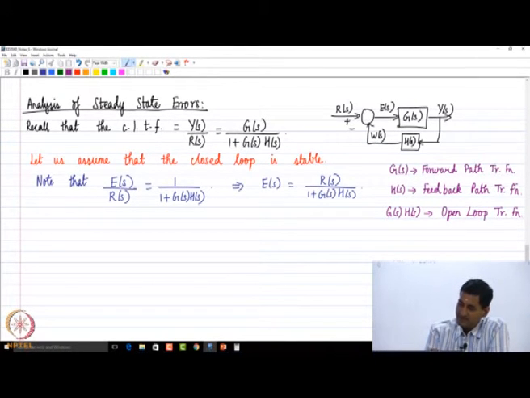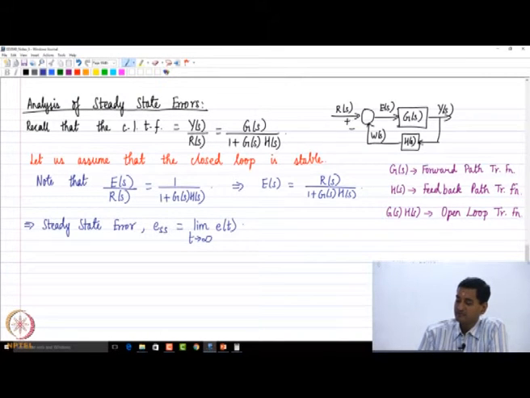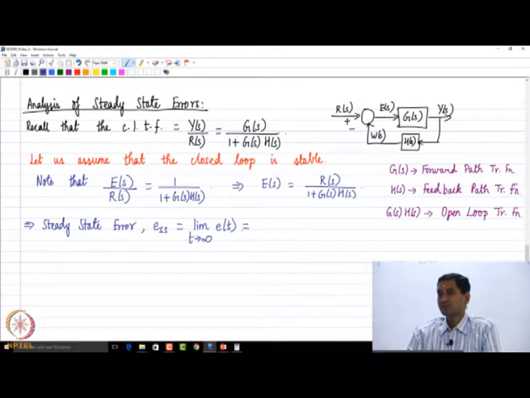This implies that the steady state error, let me call it E_SS, which is defined as the limit as t tends to infinity of e of t, is going to be equal to, if you recall one of the properties of the Laplace transform that we revised long ago, the final value theorem.